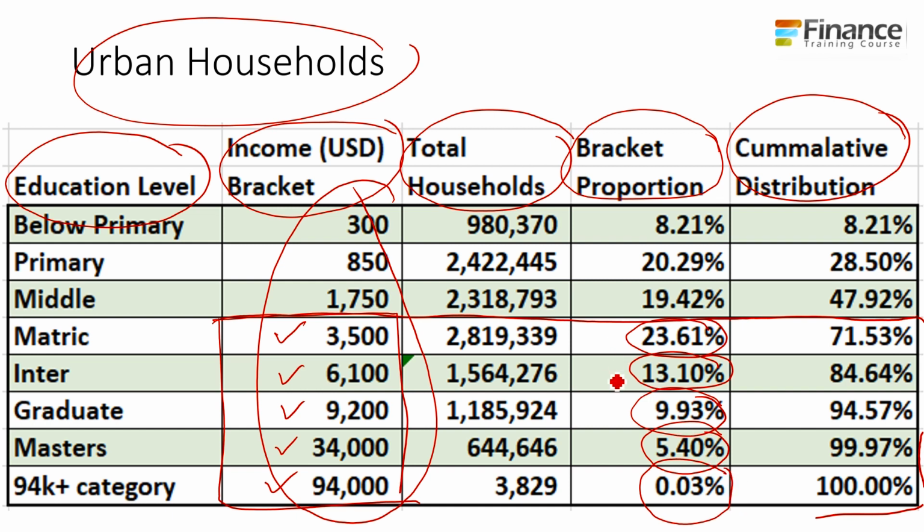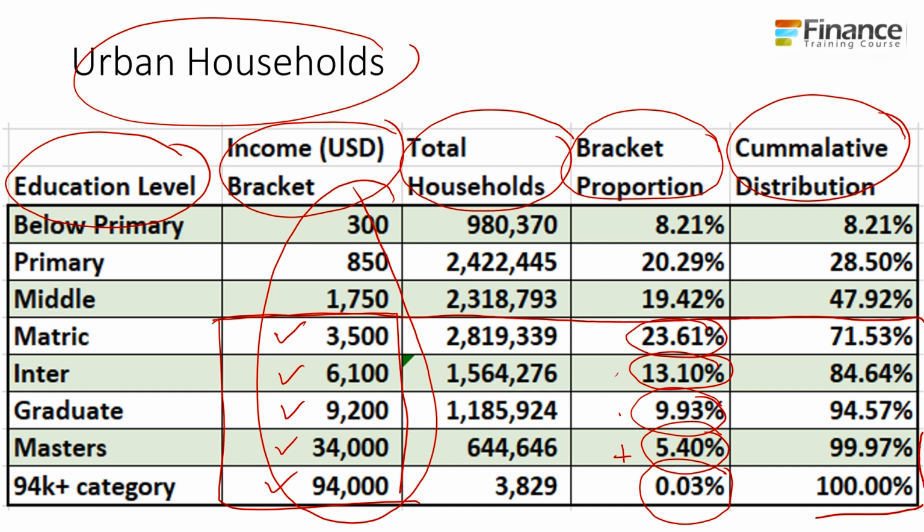If you add these up, this is 23 and 13, which is about 36, and 10, which is about 46, and 5, which is about 51, and then 0.03.